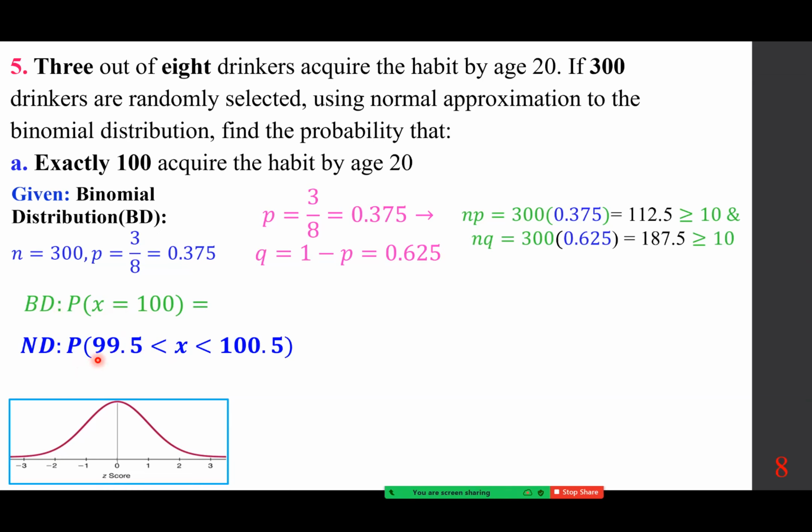Let's go with SND, standard normal distribution, by calculating the z-scores for 99.5 and for 100.5. To do that, first we have to come up with mu, which is NP. We already have that. And sigma, which is square root of NPQ.